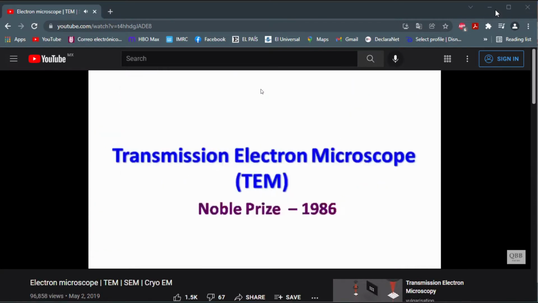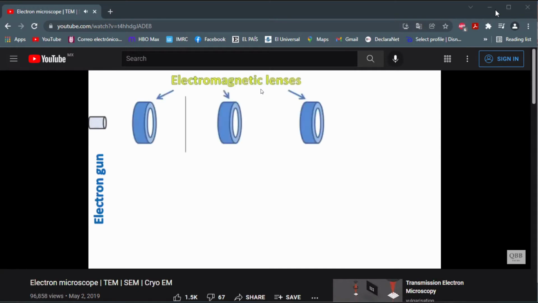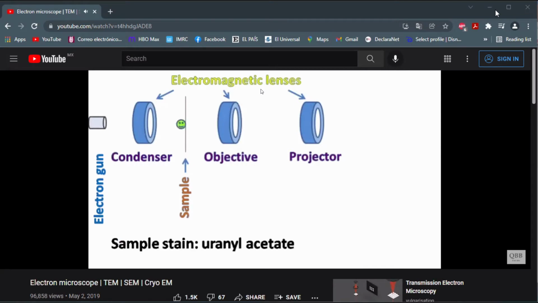Let's see the construction of the transmission electron microscope. The transmission electron microscope has an electron gun as a source of electrons. As the moving electrons have a magnetic field, they can be easily focused using electromagnetic lenses. Now, just like an optical microscope, TEM has a condenser lens, objective lens, and a projector lens.